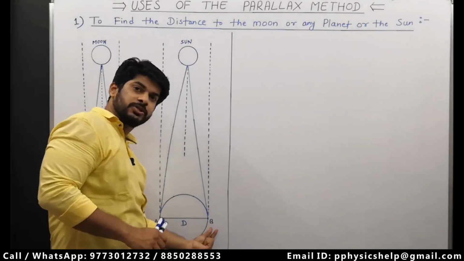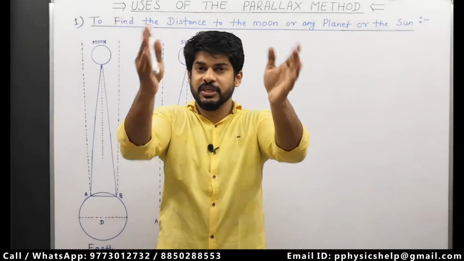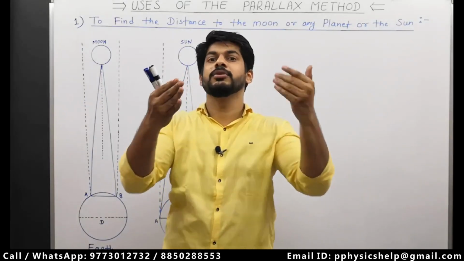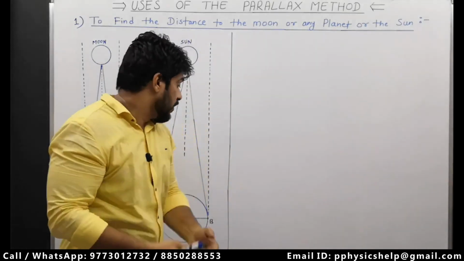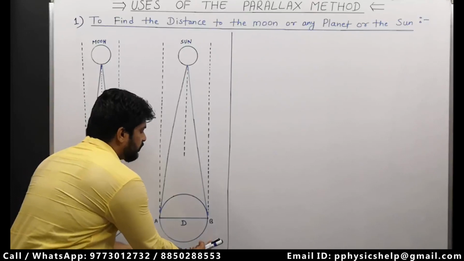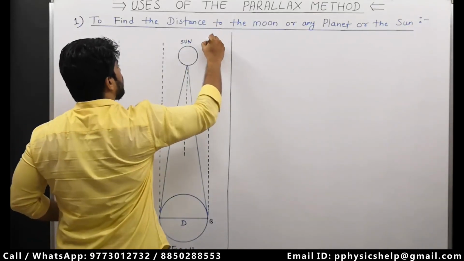If I go here also, I will find this star in the same direction. The same star would be there because it's a distant object. Check the parallax: from both of these positions, A and B, the star would appear in the same direction, let's say over here.